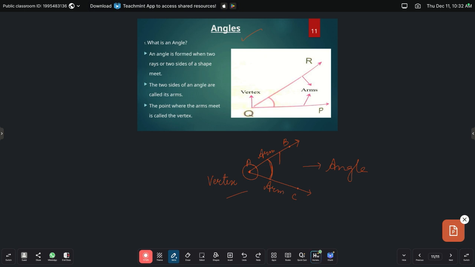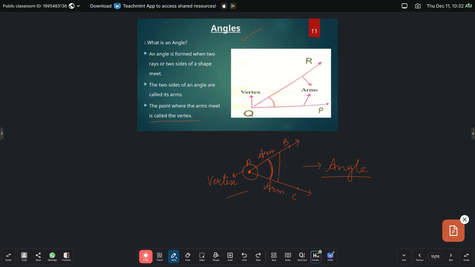These two rays are called arms, and the distance between these two rays is regarded as an angle. The point at which the two rays are meeting is called the vertex.